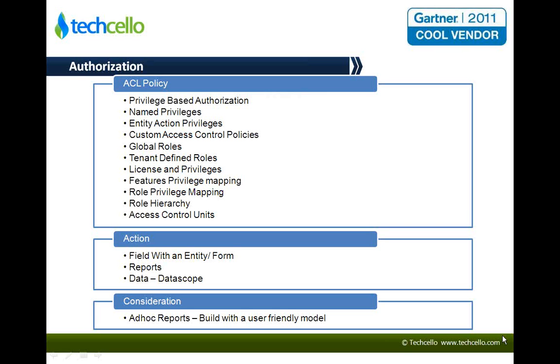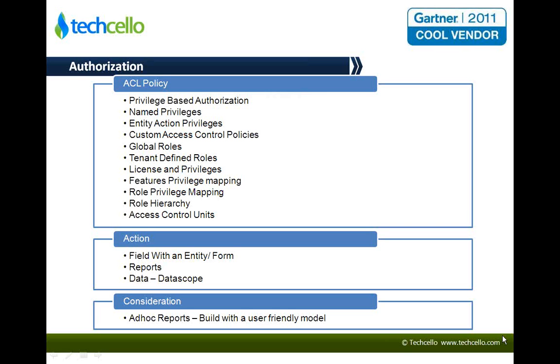So that's what we call a data scope. You should be able to define the data set against which the privilege is offered to a particular role.